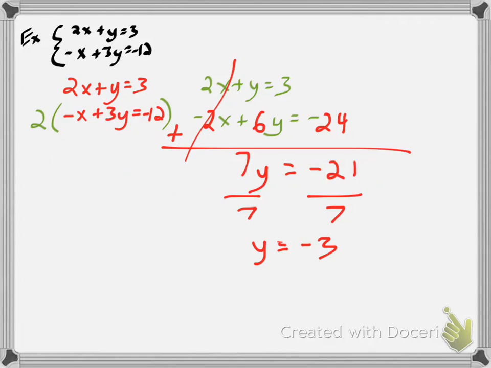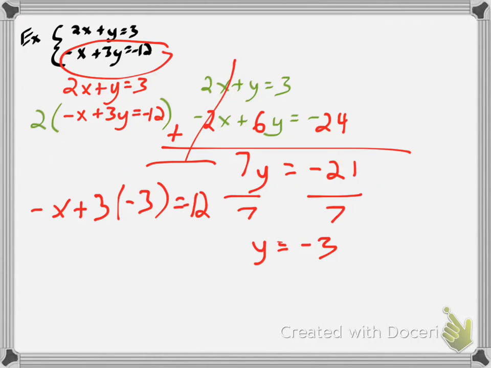Pick either one. I'm going to pick this one right here. So negative x plus 3 times negative 3 equals negative 12. So I get negative x minus 9 equals negative 12.